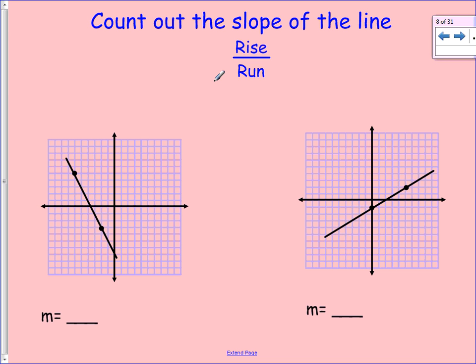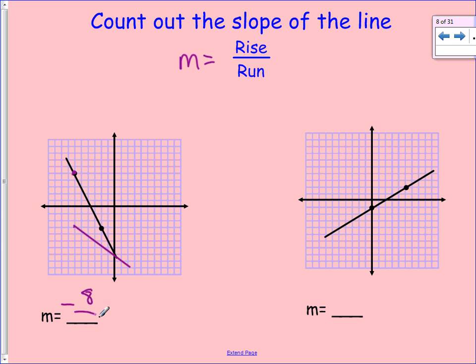Okay, you guys remember how to find the slope of a line using rise over run? Okay, so our slope is rise over run. If I were to start at this point, I already know that it's going to be what kind of slope? Positive or negative? Negative. So if I start here, I'm going to count down. 1, 2, 3, 4, 5, 6, 7, 8.